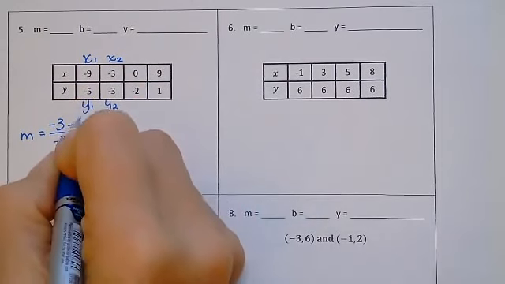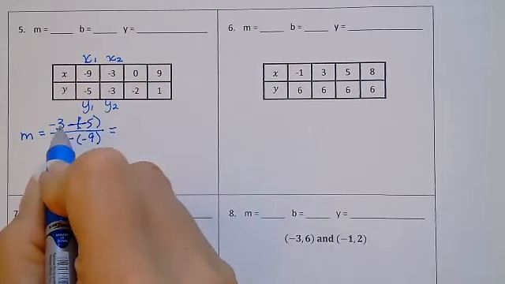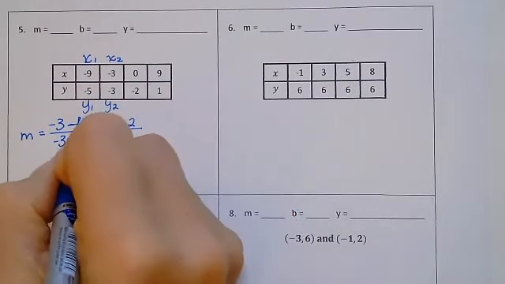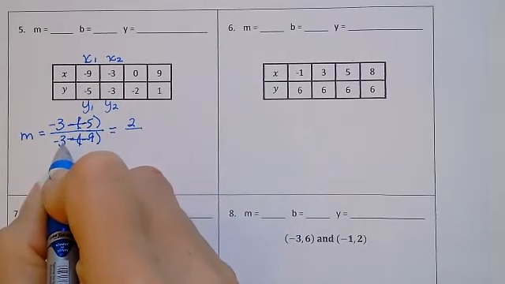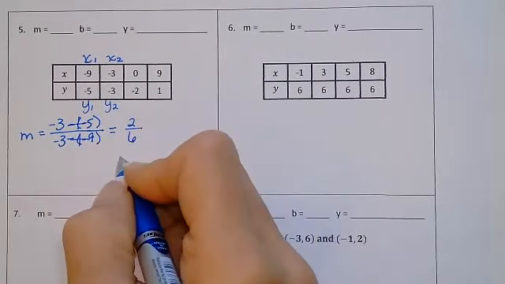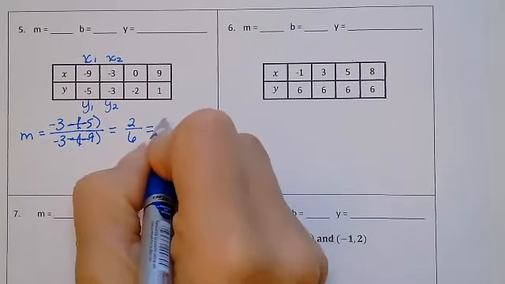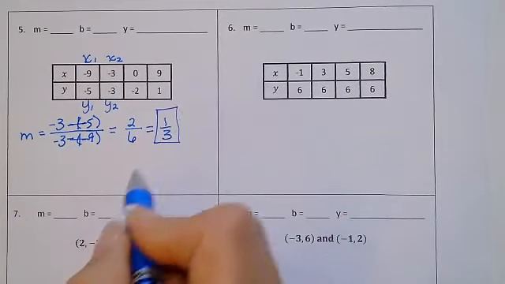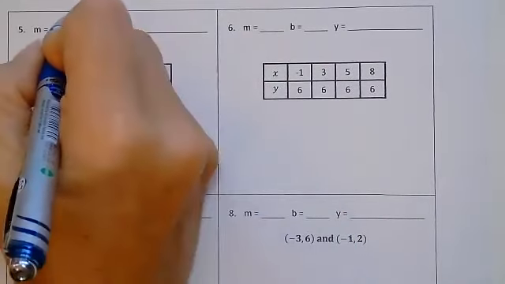So we know that this becomes a big old positive. -3 plus 5 is 2. This becomes a big old positive. -3 plus 9 is 6. And then we can simplify to 1/3. So that means that the slope is 1/3.